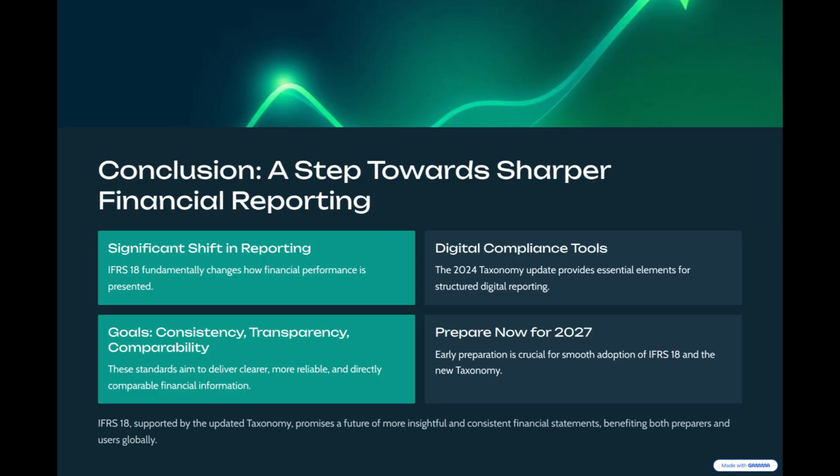The release of IFRS 18 represents a significant shift in financial reporting, aimed at aligning accounting practices with the evolving demands of global stakeholders. As companies move toward adoption, the standard signals a step forward in creating sharper, more meaningful financial statements, grounded in clarity, structure, and technological readiness.